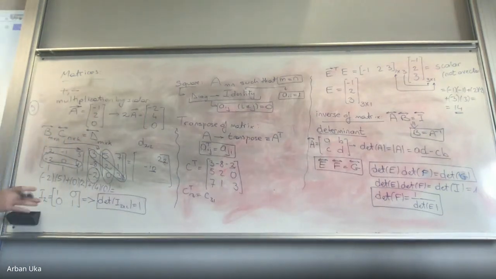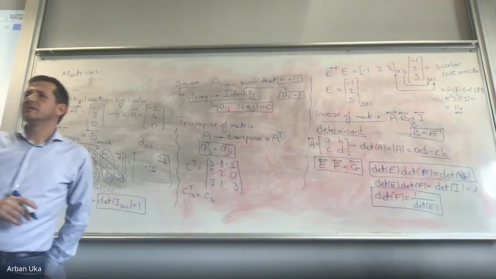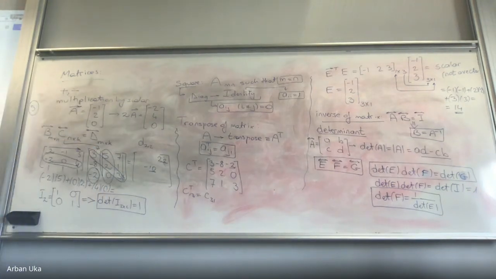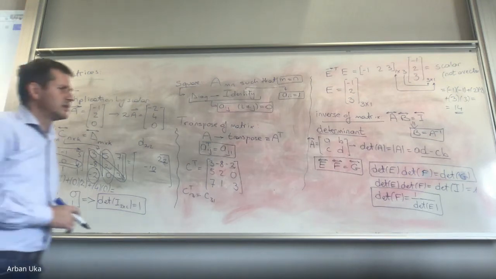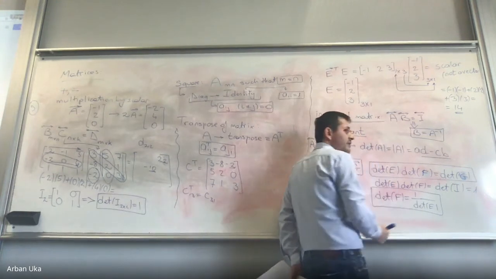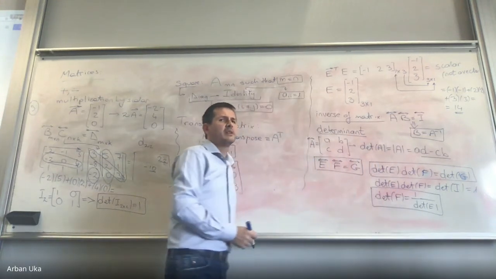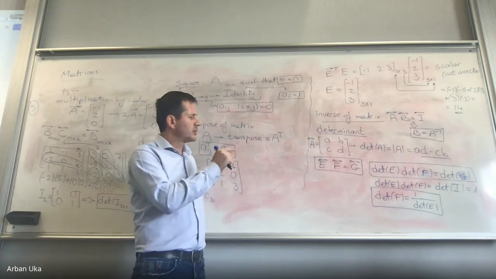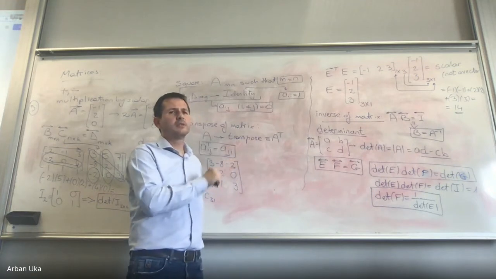Now, once we look at this relationship, we know that division by 0 is not defined, right? So imagine for a moment what we might get if the determinant of matrix E is equal to 0. Then the determinant of the other matrix is not defined.